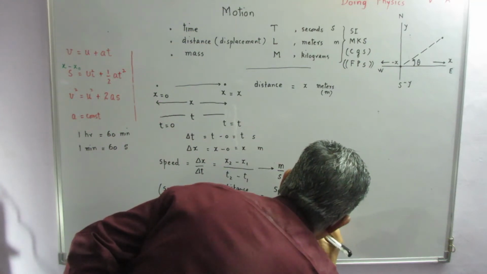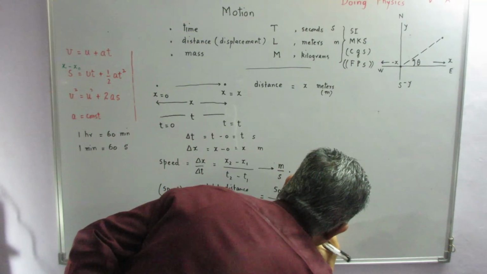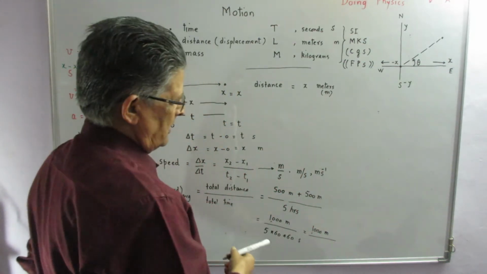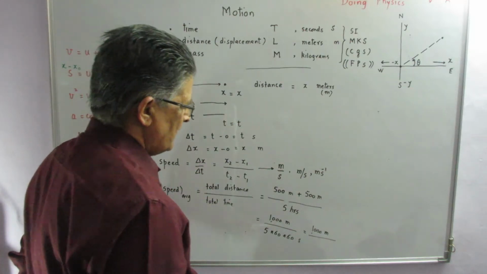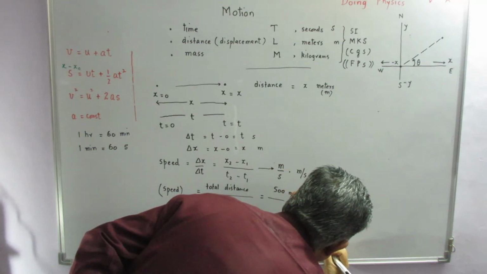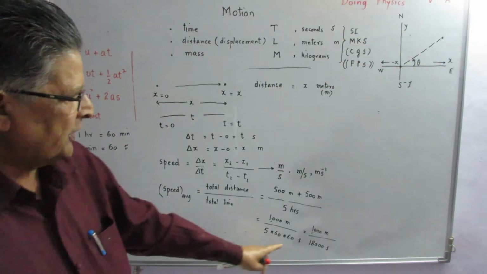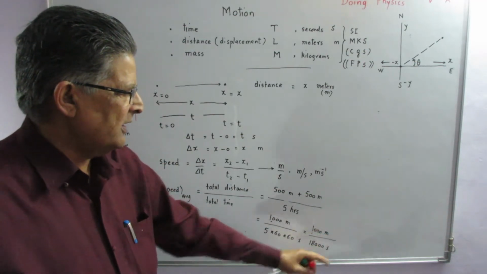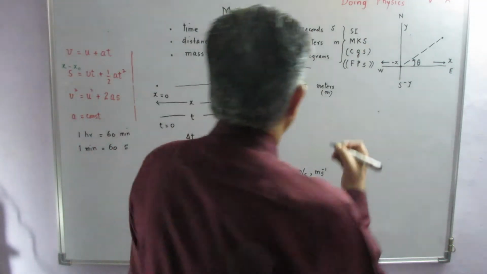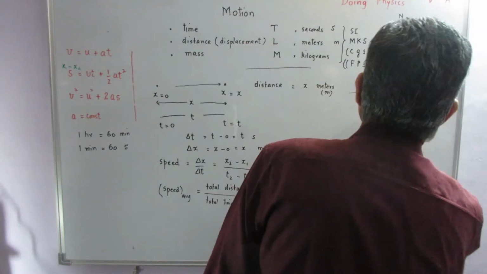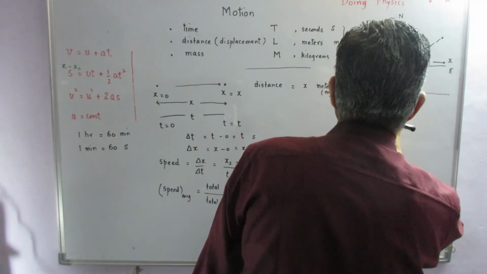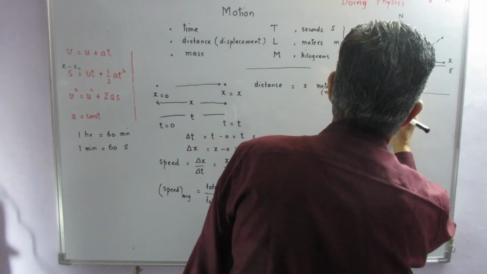So it is 1,000 meters divided by, 6 are 36, 5 are 180, 18,000. So it is 1,000 meters divided by 18,000 seconds. We can just see that this is equal to 1/18 meter per second.